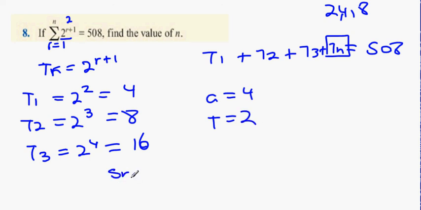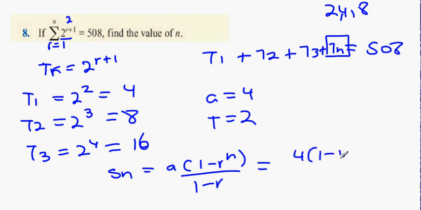So we know that a is 4, and we also know that r equals 2. We use our Sn formula: a into 1 minus r^n all over 1 minus r. And what we're going to get here is 4 into 1 minus r^n all over 1 minus r. Now, r is 2, so 2 to the power of n, all over 1 minus 2.